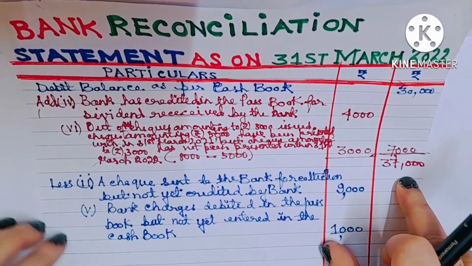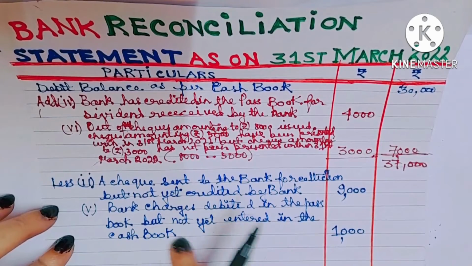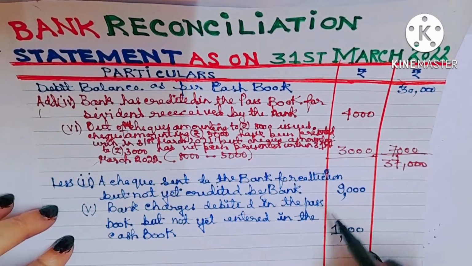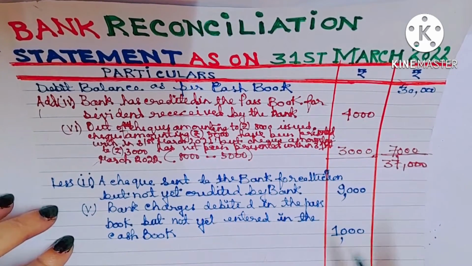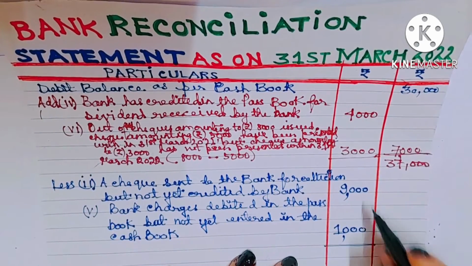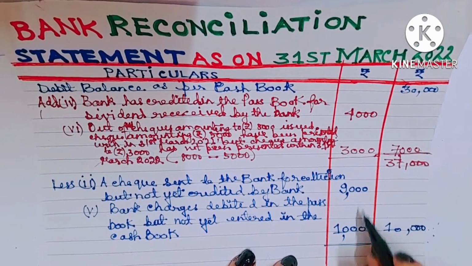Now we got to see the less transactions. There are only two transactions in the less also. We got to deduct two transactions. One is 9,000, another one is 1,000. So let's deduct rupees 10,000. 9,000 plus 1,000 will give you 10,000.